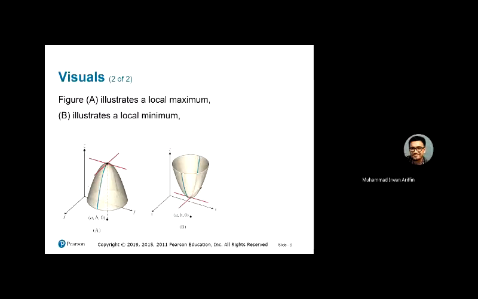Figure B illustrates a local minimum, where the output f of a, b is the lowest compared to all other values of x and y. Figure C illustrates a saddle point, where from the x point of view this is a local minimum, while from the y point of view this is a local maximum.